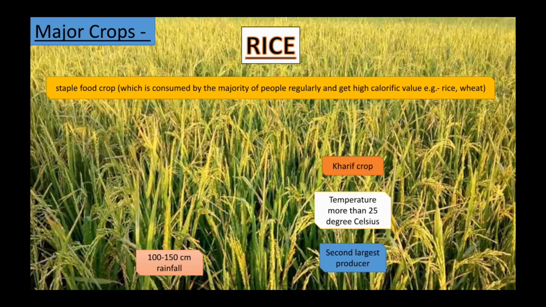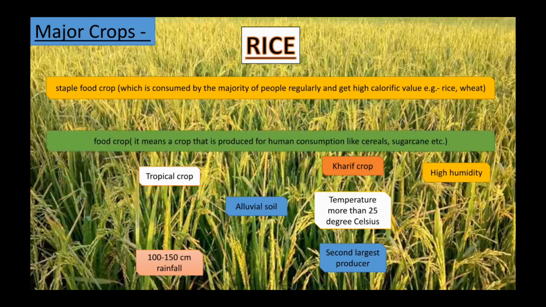It also requires a high temperature of more than 25 degrees Celsius along with high humidity. It grows well in alluvial deltaic soil. It is a tropical crop, growing well in wet monsoon lands.